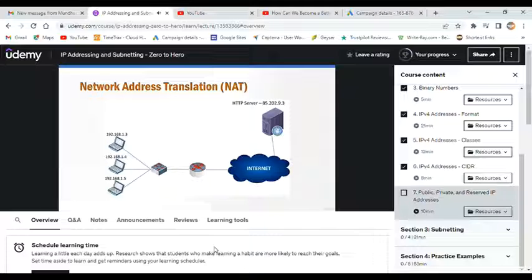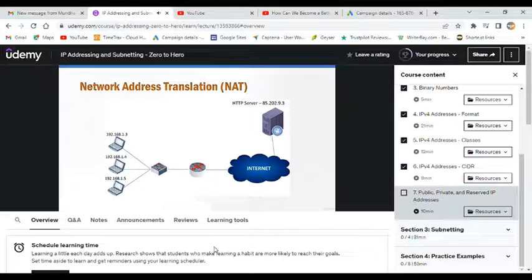The reason we need to do this is because there are not enough public IP addresses out there for all of us to have one public IP address per device or per person. So we have to use private IP addresses in order to save public IP addresses. And then we use public IP addresses.